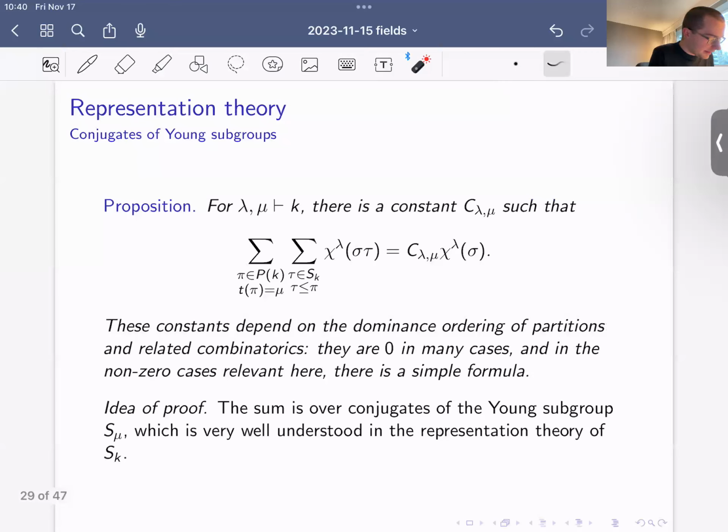And so again, the idea of the proof is that this big pair of sums is over conjugates of this so-called Young subgroup labeled by mu. And this is very well understood in the representation theory of S_k. So you can just open up a textbook on this subject and use the results from there.